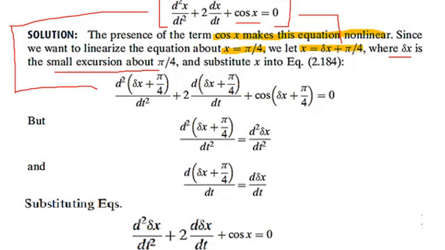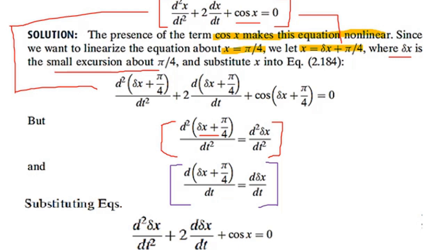But we know that the derivative of a constant is equal to 0. So the term involving the double derivative of del x plus pi by 4 divided by del t square will be equal to the double derivative of del x, and the derivative of del x plus pi by 4 will be turned into the derivative of del x.